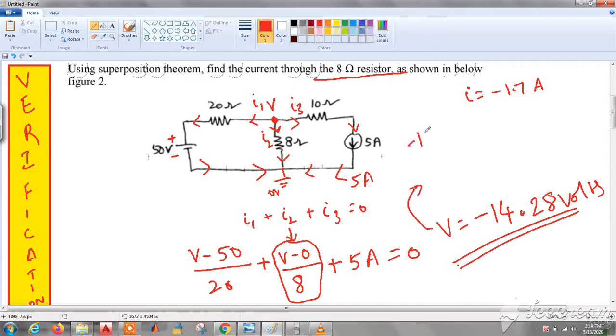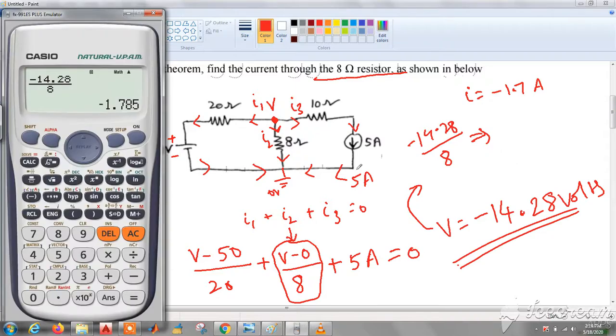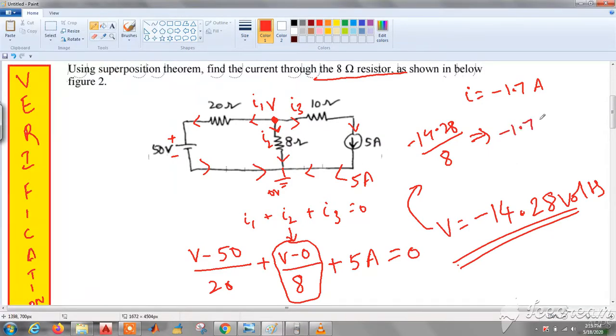So V is minus 14.28 volts divided by 8, which will be minus 1.7 amperes. Now you can see that by superposition theorem also we have got 1.7 amperes, and by nodal analysis also we have got 1.7 amperes. So our answer is verified.